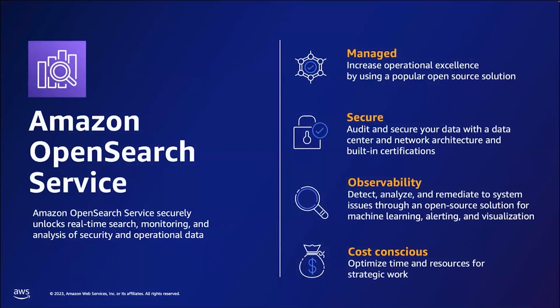AWS takes care of the undifferentiated heavy lifting, eliminating the operational overhead and reducing the cost, with integrated security and compliance that maintain high security for authentication, authorization, encryption, etc. Then observability is what everyone is talking about, where you can use OpenSearch to systematically detect potential threats and react to a system state through an open source solution for observability.